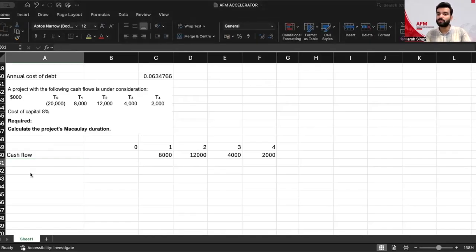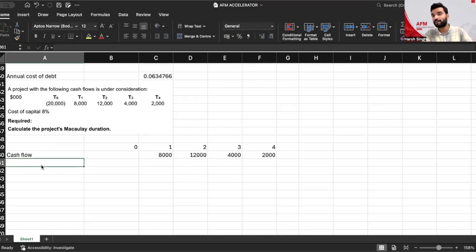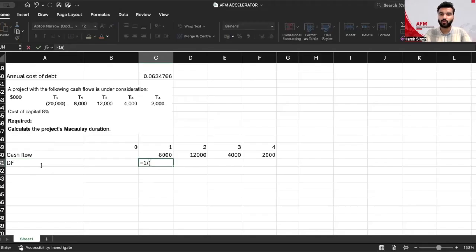Can I go and find out the present value? Given the cost of capital is 8%, we can directly do that. But I have to multiply for each year. I'll find out the discounting factor, which is equal to 1 divided by 1 plus R. How much is that? 1.08 raised to the power 1, and so on.